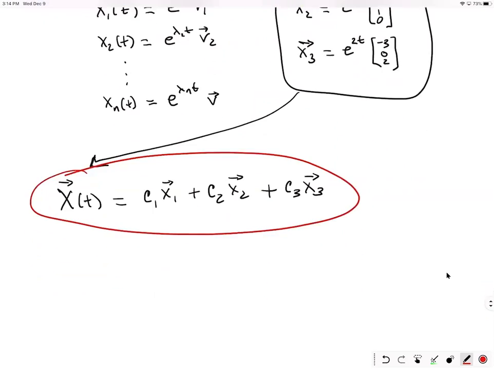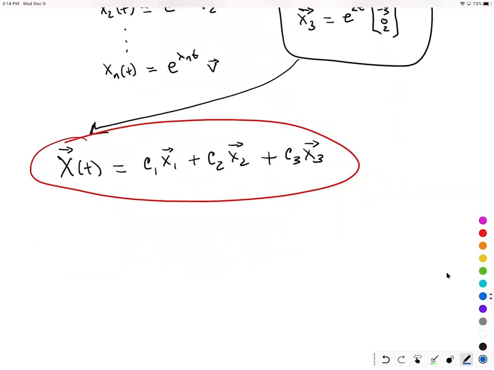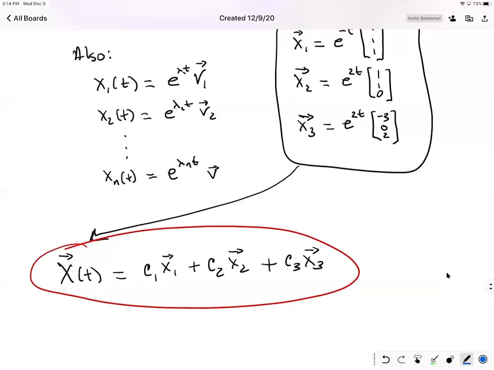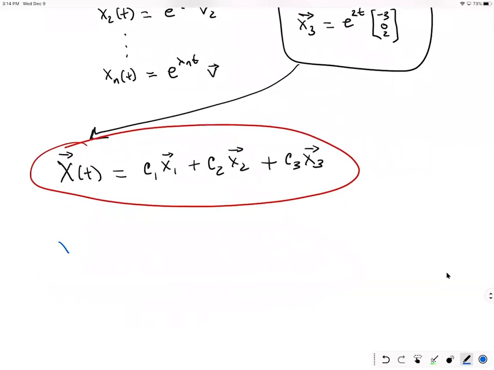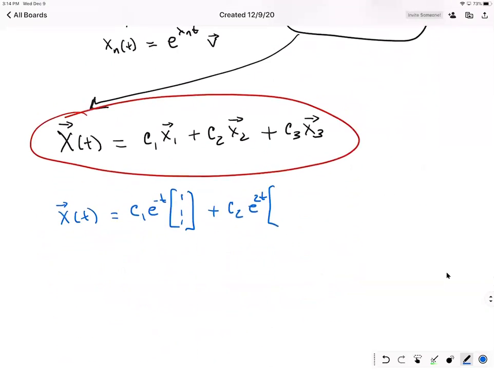Also, some people will write it out, the whole thing, and there's nothing wrong with that. So they'll write x of t equals c1 times e to the minus t times 1, 1, 1 plus c2 times e to the 2t times 1, 1, 0.